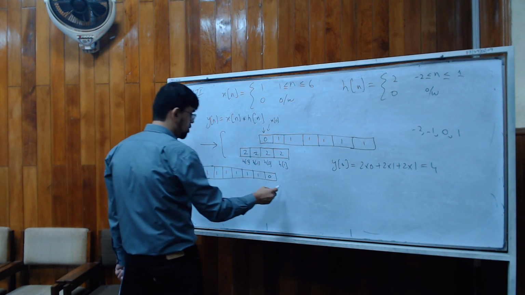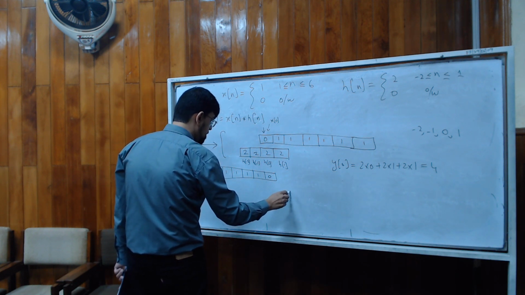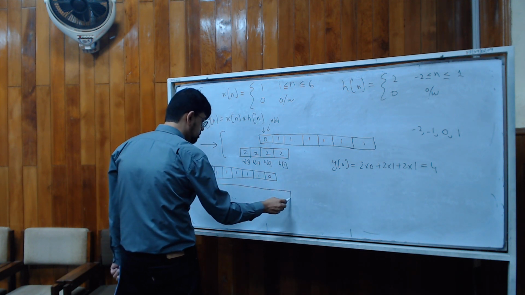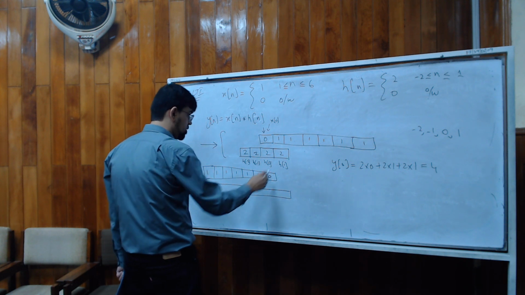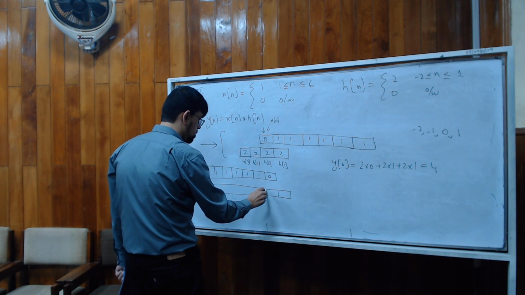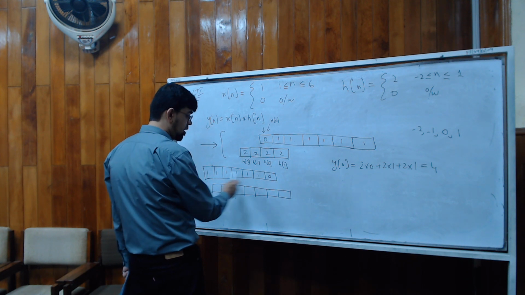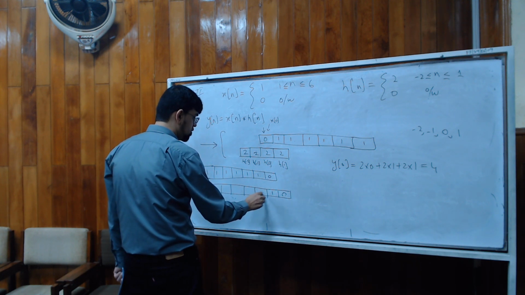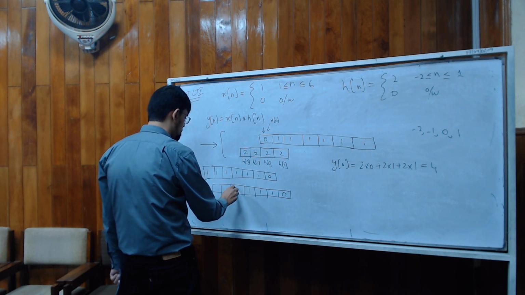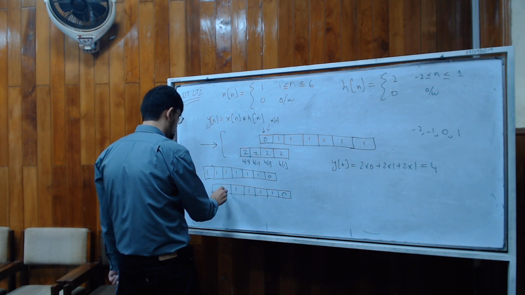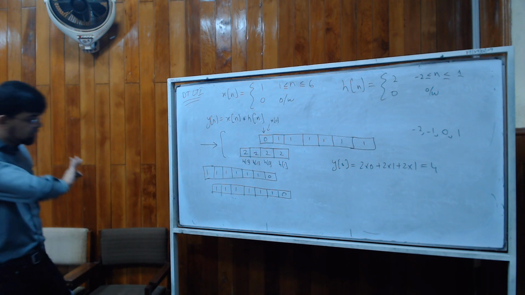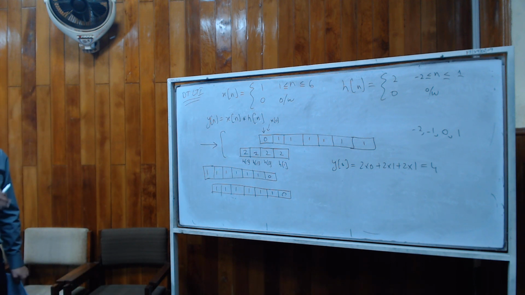So the next step is to shift our signal one step to the right. If you have shifted it one step to the right, it's 0 1 1 1 1 1 2 3 4 5 6. So now this is why it's called a sliding tape.